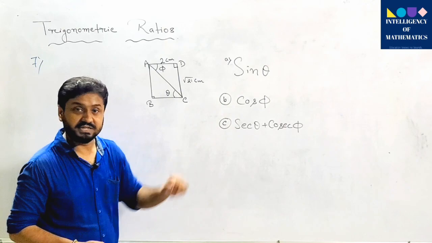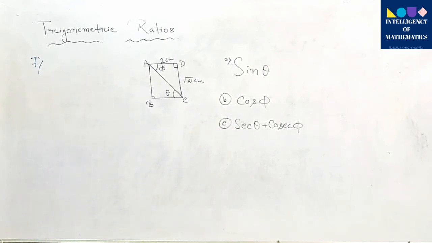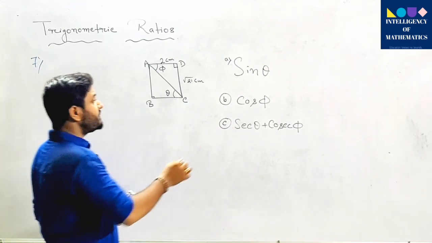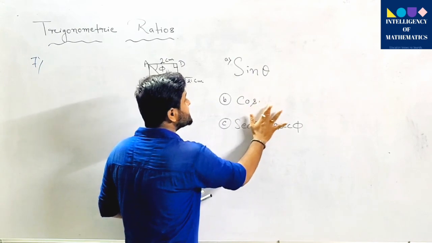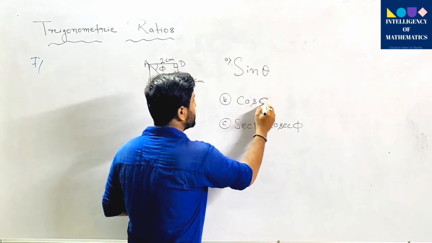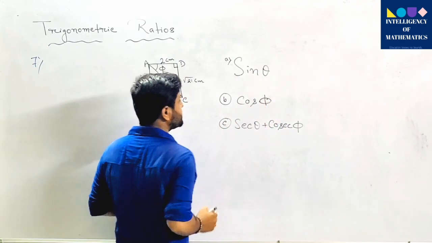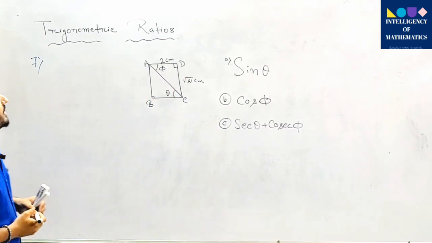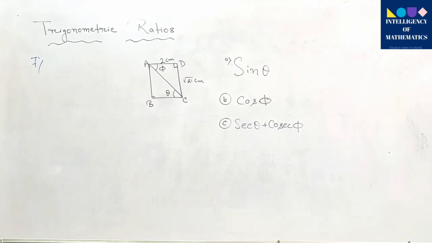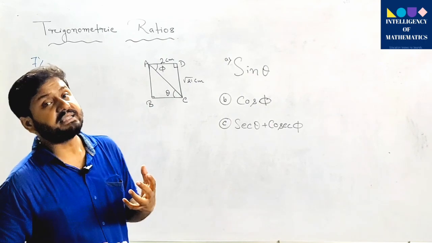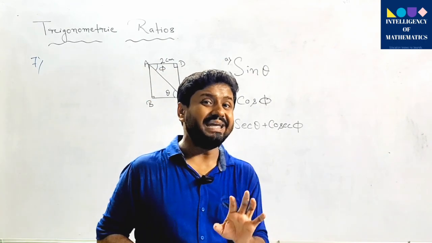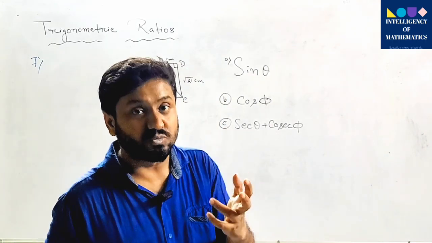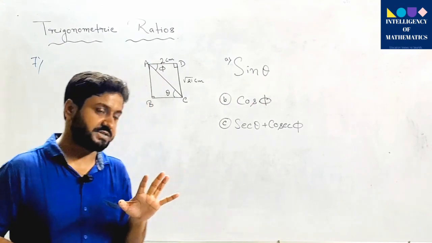Here cos phi is there. For your better understanding, this is phi given. Phi can be written like this. Now the first work of ours while solving this chapter's sums is to make the unknown side known by applying the Pythagoras theorem.